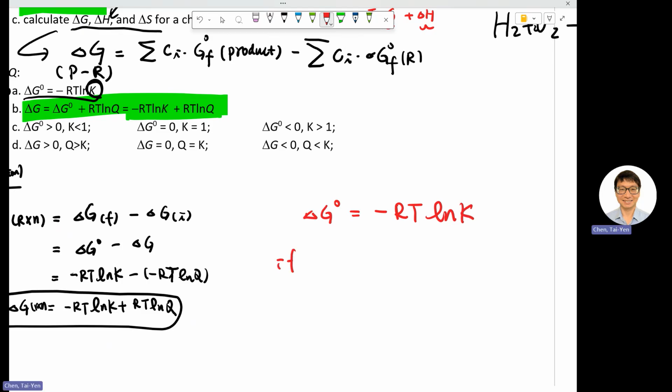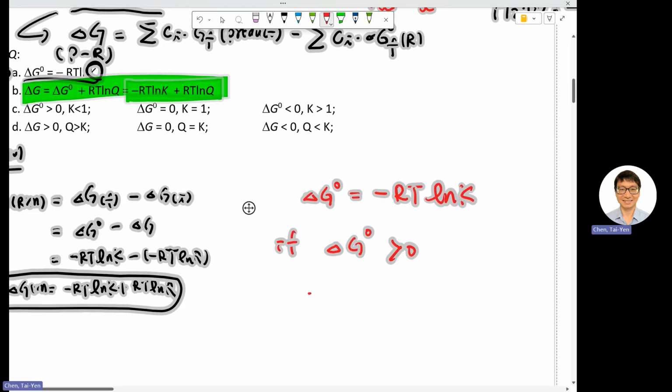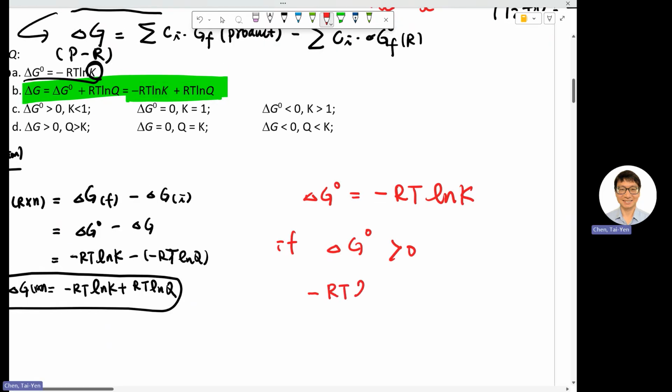If your delta G naught is positive, that means your negative RT natural log K has to be positive.